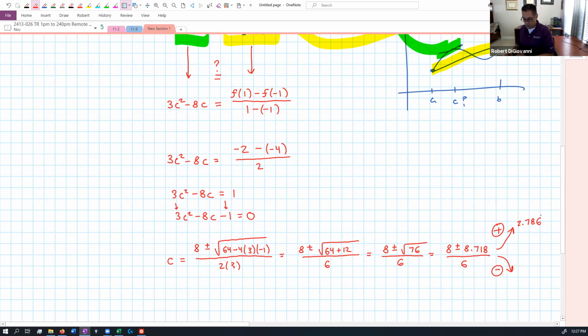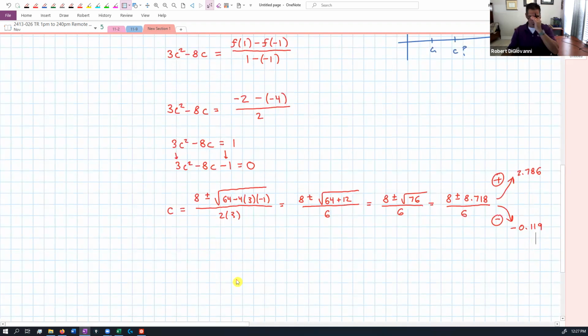And then the other one is 8 minus 8.718, oops, I messed that up. 8 minus 8.718, get that answer, divide by 6. We get a decimal, -0.119, something like that.